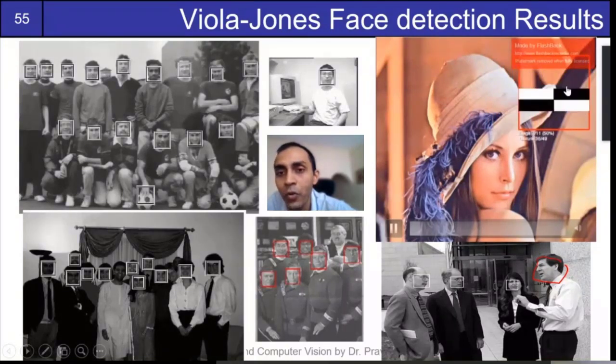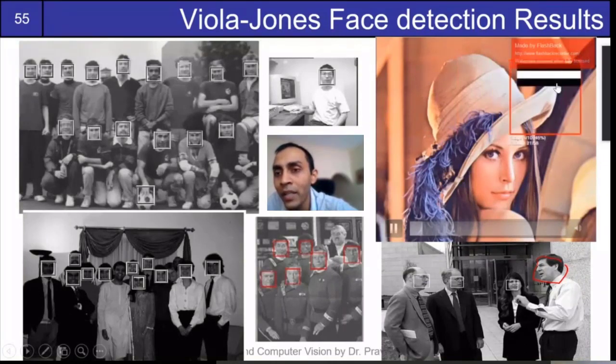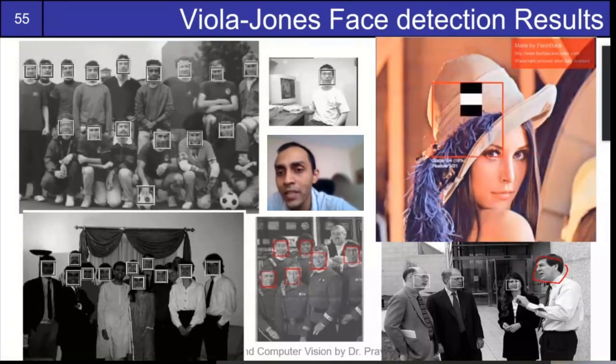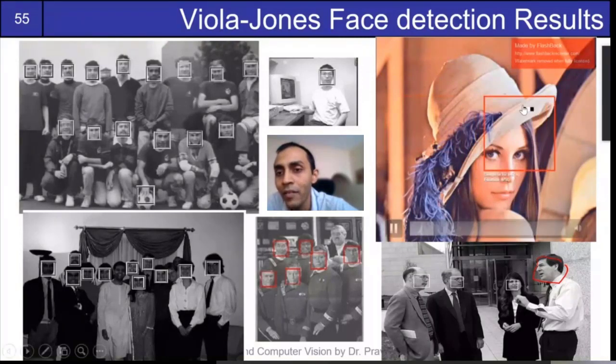At some locations, only one or two features are being used and the window is very quickly discarded. But at other locations where there is a chance of a face, it uses more features, going towards a higher stage of the cascade to detect whether there is a face or not. So some places it does a very fast job, while other places where there is a higher chance of a face, it runs more rigorous computation.